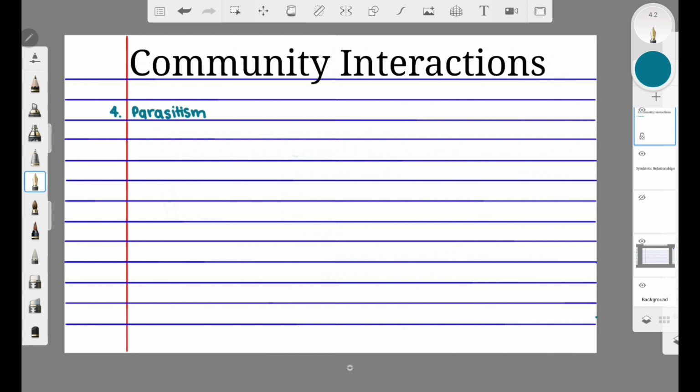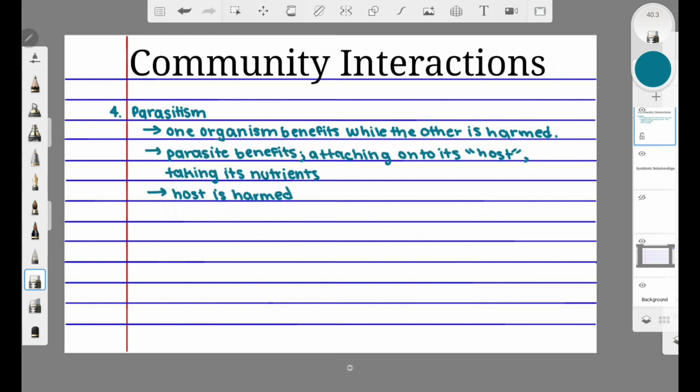The next type of symbiotic relationship is called parasitism. In parasitism, one organism benefits while the other is harmed.